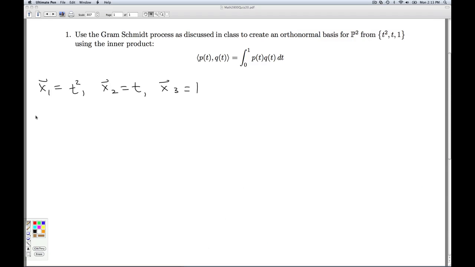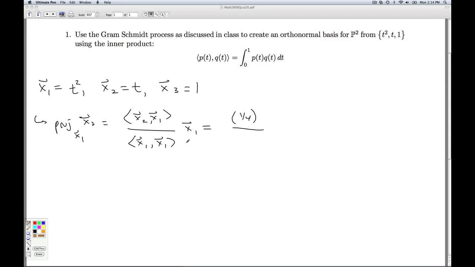So the projection of x2 onto x1, by definition, is the inner product of x2 with x1 over the inner product of x1 with itself times the vector x1. The inner product of x2 with x1 we found to be 1/4.